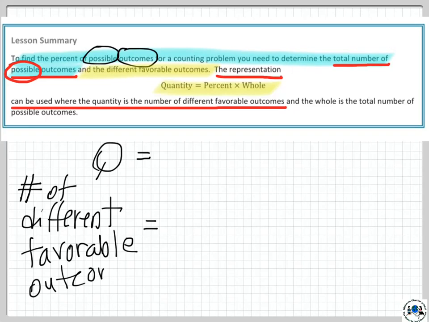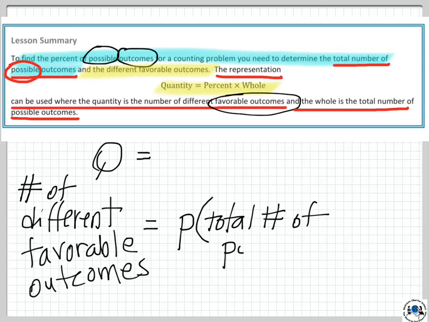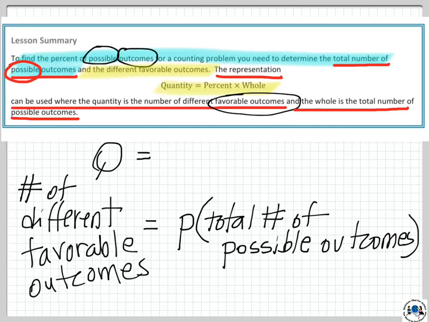These favorable outcomes are the ones that we're looking for, that serve our purposes, whatever statistical venture or quest we are on. And that's going to equal some percentage times the total number of possible outcomes. That total number of possible outcomes is kind of where we start from. And then the percentage is the percentage that will relate to the different favorable outcomes.